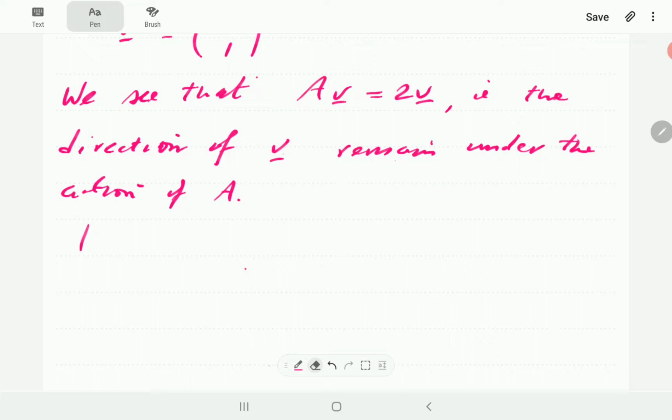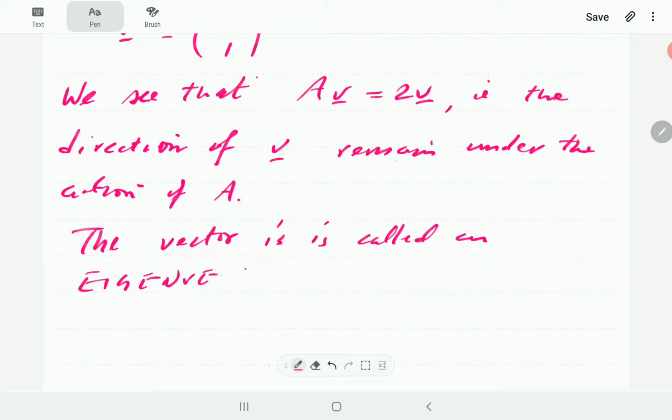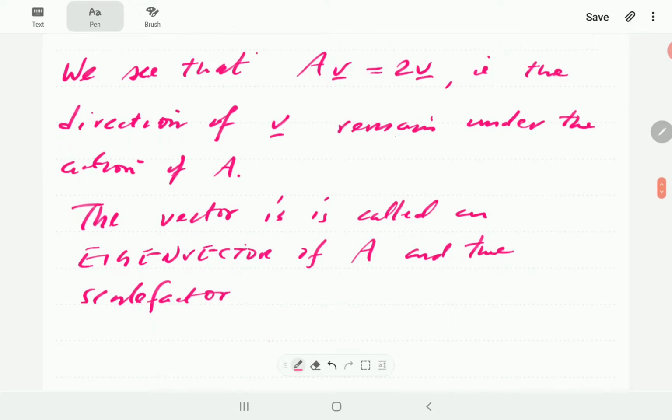So what we're saying here is that the vector V is called an eigenvector of matrix A, and when we act A on V, we end up with 2V.